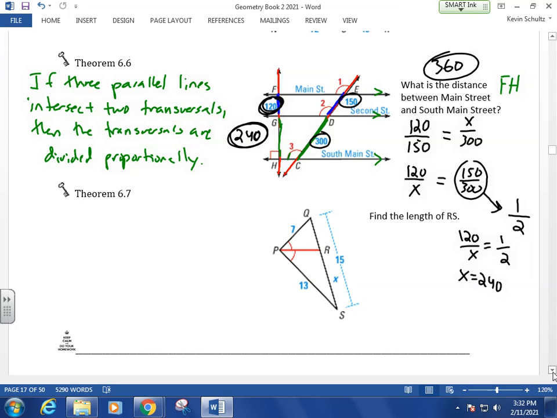Theorem 6.7 deals with an angle bisector, right? We see an angle bisector, segment PR, that red segment, is an angle bisector within that triangle.